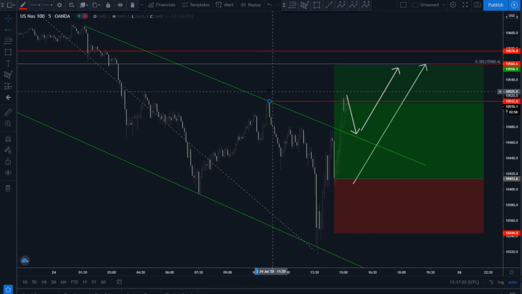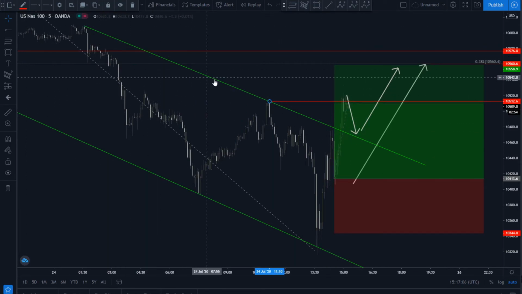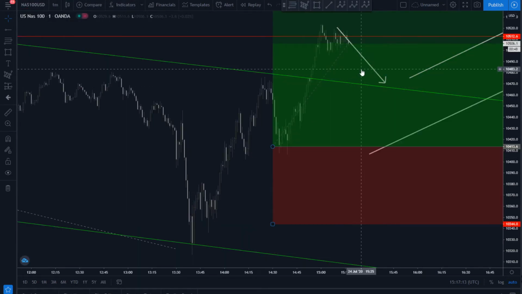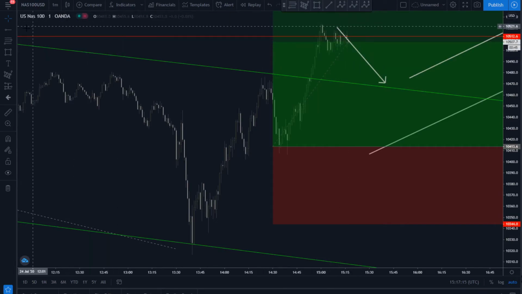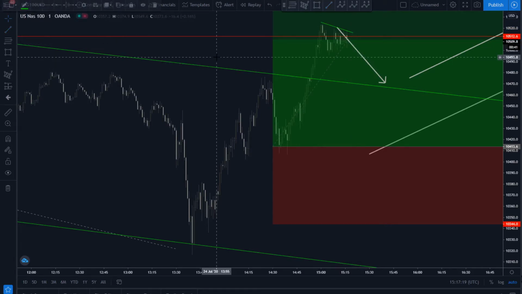And right now, because it reached this high here, it's really having a fight. And I'm guessing if we go on a smaller time frame, we're going to see that there's some kind of a flag trying to be drawn here like this.